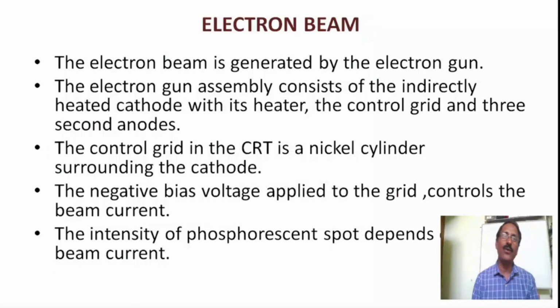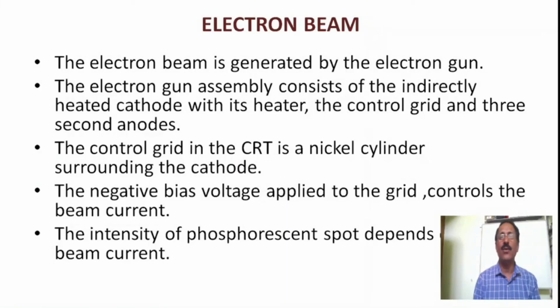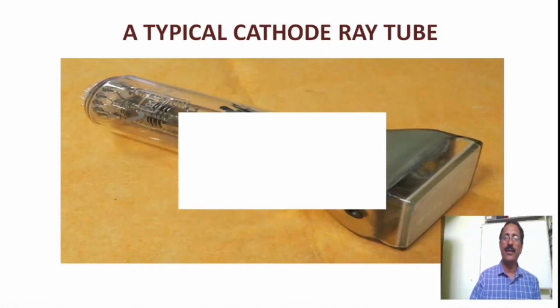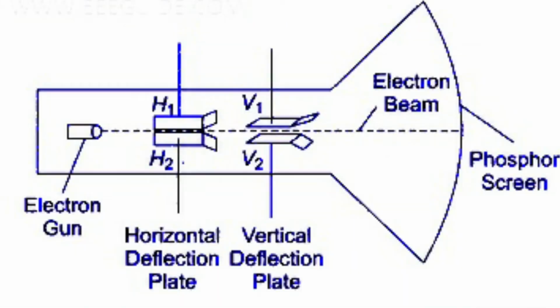One more anode, the focusing anode, converges a diverging beam. The focusing anode is given a slightly lower potential. You can see a typical cathode ray tube of a cathode ray oscilloscope.